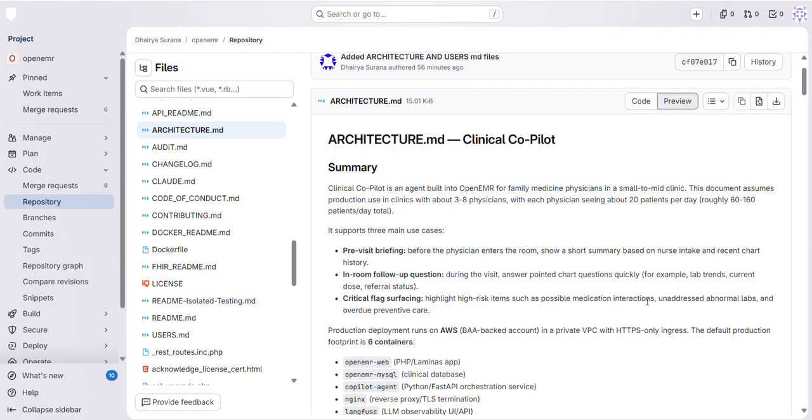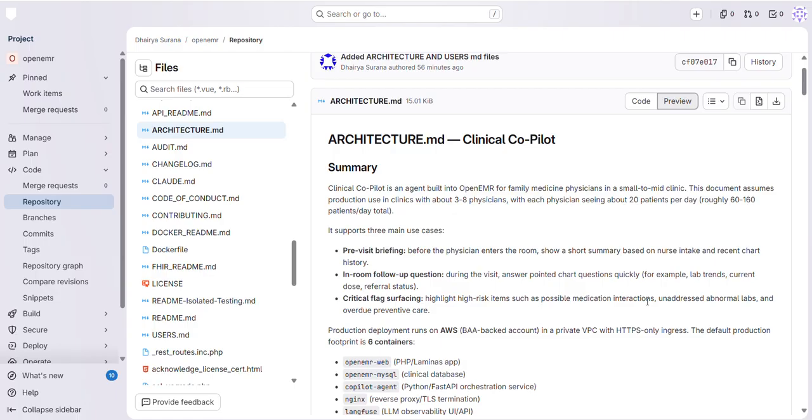But the trade-off is that when we implement this, we'll have to make some direct changes to the OpenEMR code that deals with the UI, and this can make long-term changes more complex. So that's something to keep in mind.